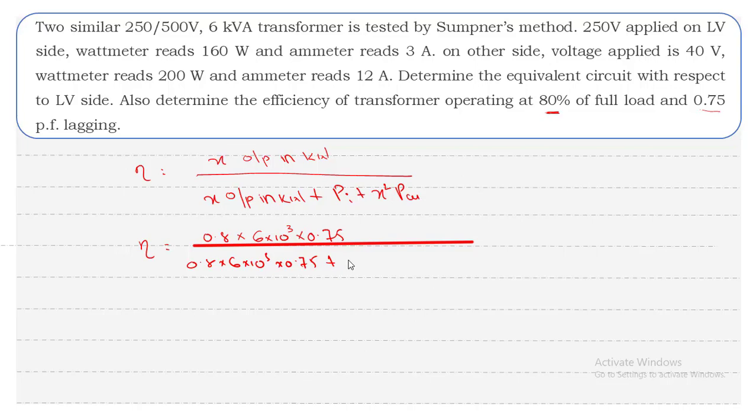The iron losses are obtained on the primary side, that is equal to 80 watts, and the X square, that is the load he has given is 80%, hence it is 0.8 square, and the copper loss is 100 watts. So after simplification, we'll get the answer as 96.15%.